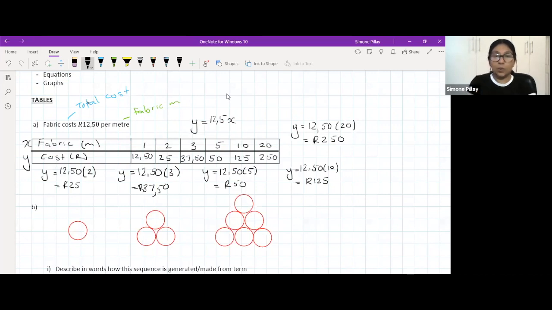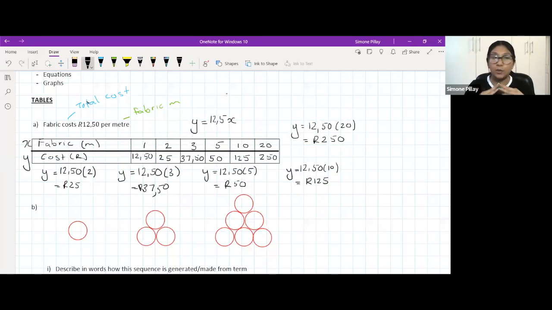Okay, guys, we have just completed our first table that is representing the relationship between our fabric and our total cost. How did we do that? We put my independent variable, which was my x, in this example my fabric, on the top of my table in the first row.